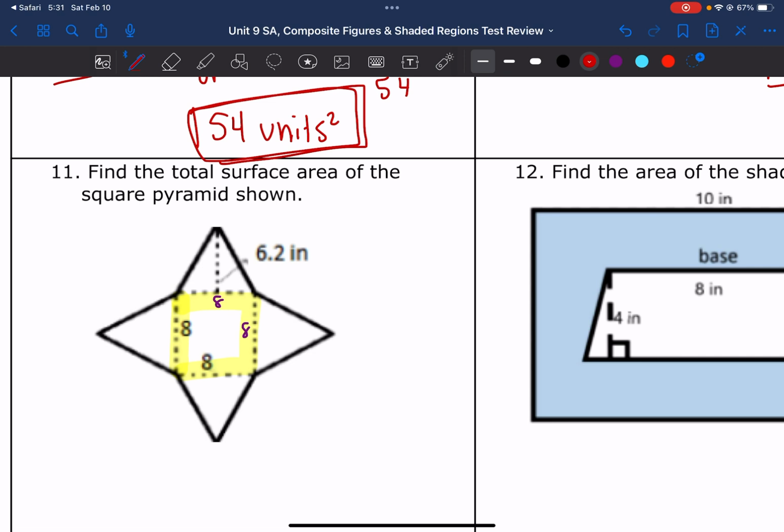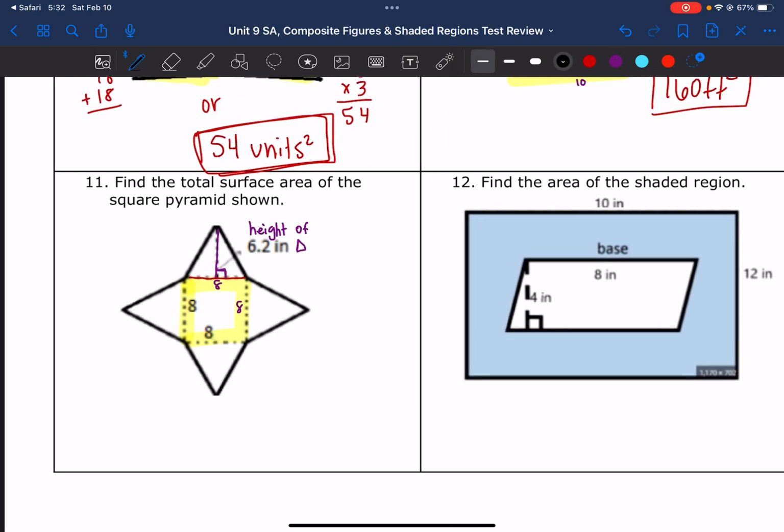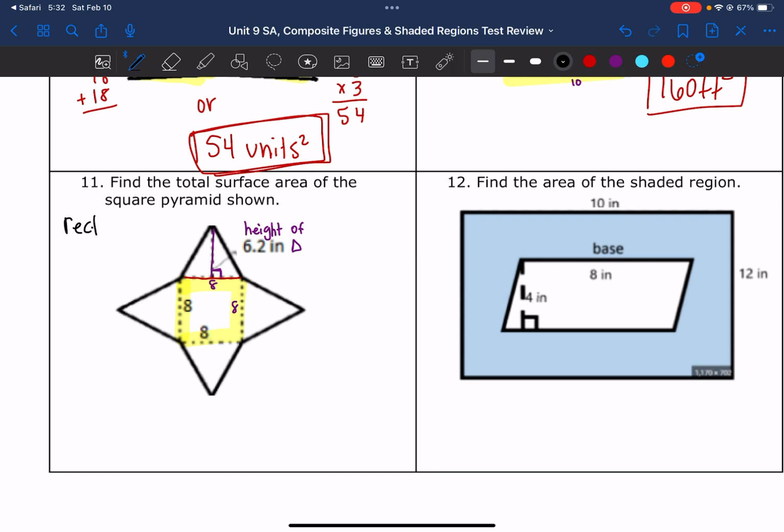On the triangle, I know that this is the base, which is going to be 8. And if I look here, this has a dotted line, and I know that there is a right angle there. So that is the height of the triangle. All right, so let's continue. The first thing I want to find is the rectangle.